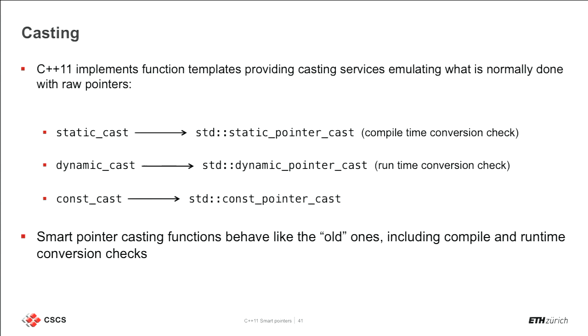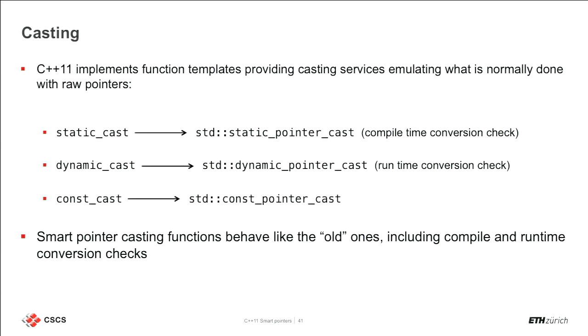And you can do the same operations that you do with the raw pointer also for casting, because C++ implements some functions for pointer casting which emulate what is normally done with the raw pointer. If we have static cast, dynamic cast, and const cast for the raw pointer, you have basically the same operation also for the smart pointer. It is just a different name.